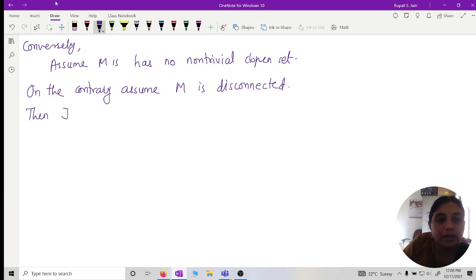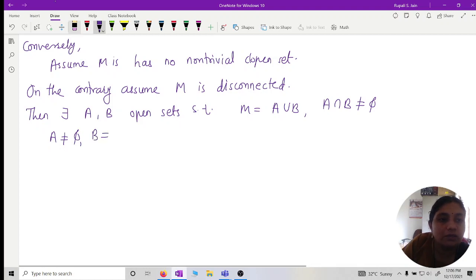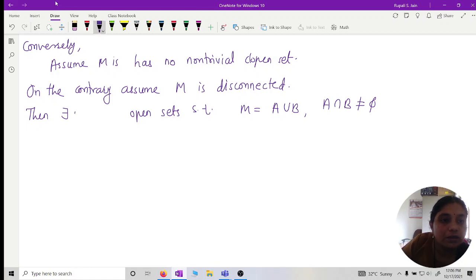Then there exist A non-empty, B non-empty open sets such that M is equal to A union B and A intersection B is empty, right?